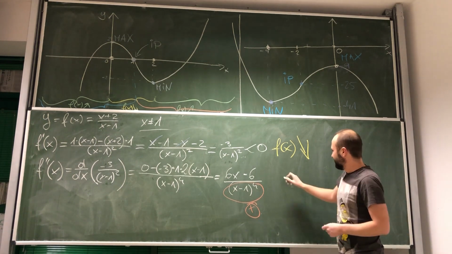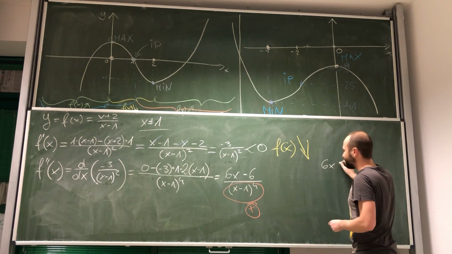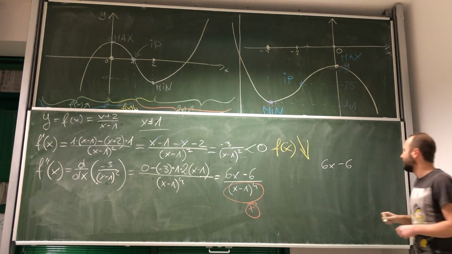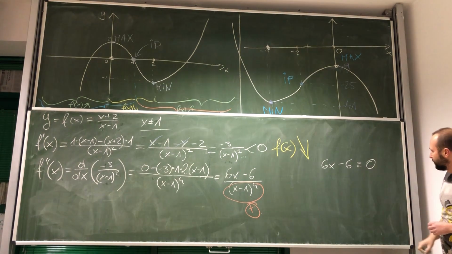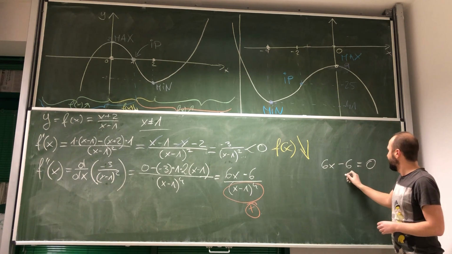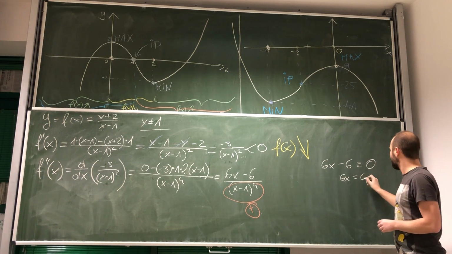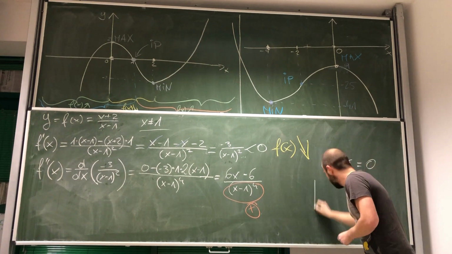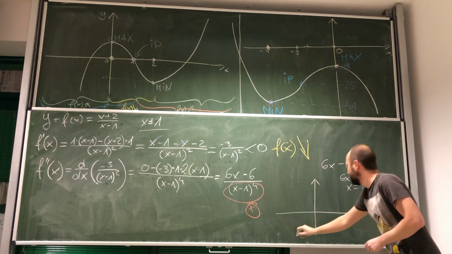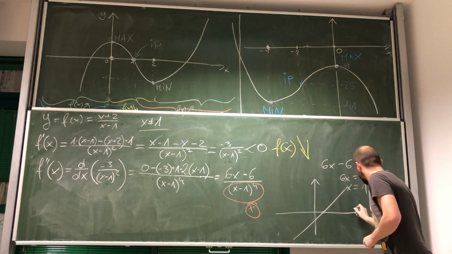Look, this we can get again by noticing that this is a simple linear function with a positive coefficient, which cuts through the 0 axis when x is equal to 1, which means that this function is going to look like that.